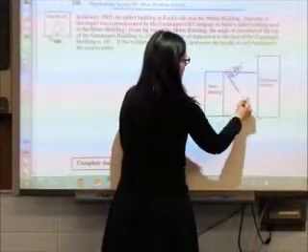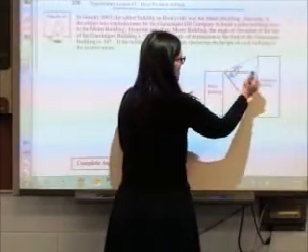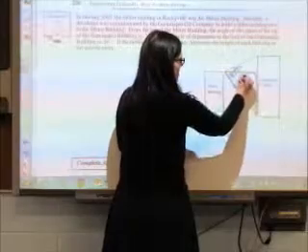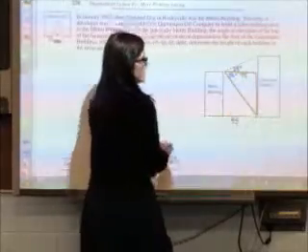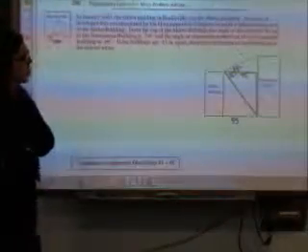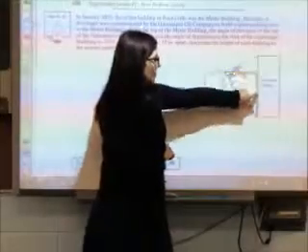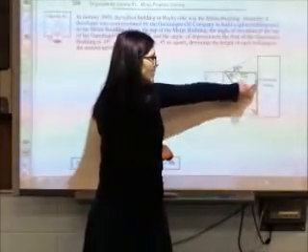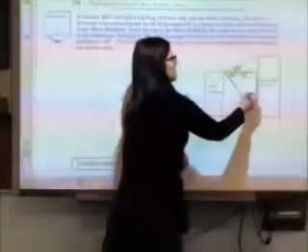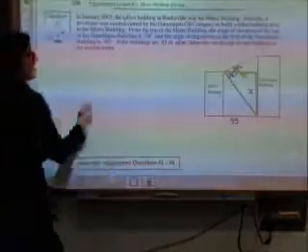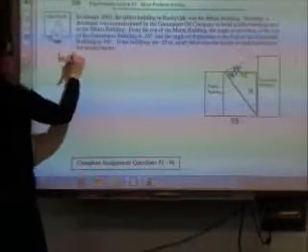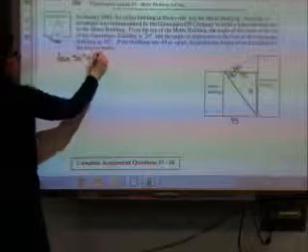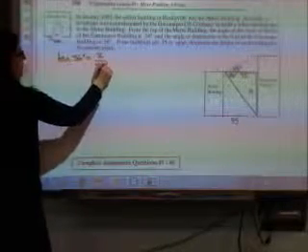Okay, so if this is the triangle I'm going to use, this distance here is still going to be the 45 because it's the same as the distance at the bottom. So I want to find this length here, which is going to be the Metro building. So I can use tan. Okay, so tan 56 will equal x over 45.